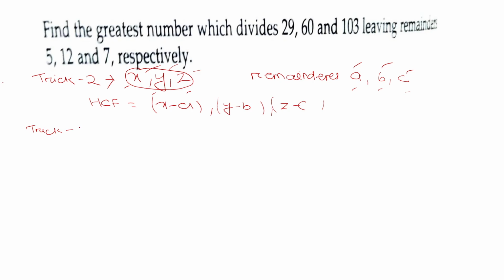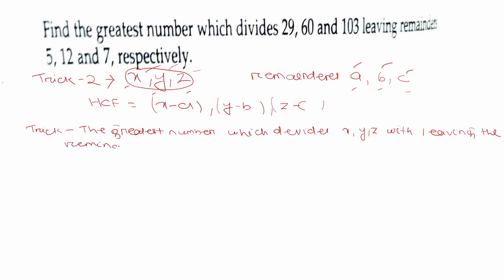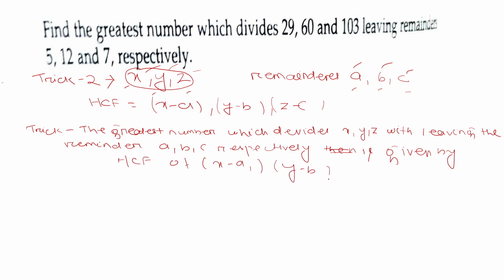The greatest number which divides x, y, z leaving the remainders a, b, c respectively is given by the HCF of x minus a, y minus b and z minus c.